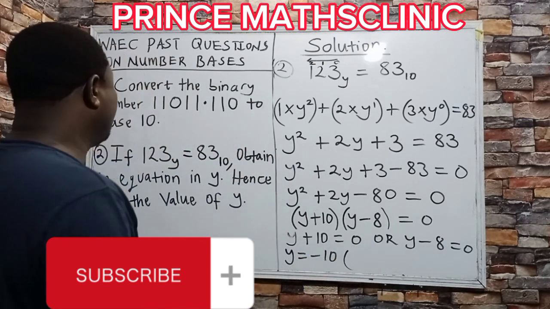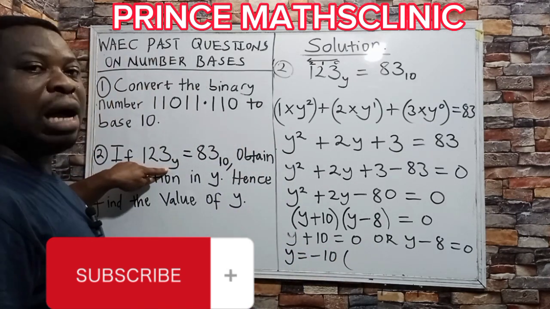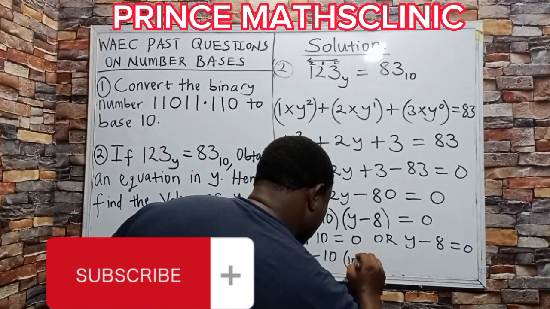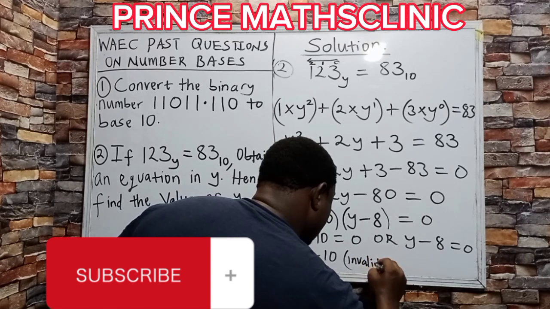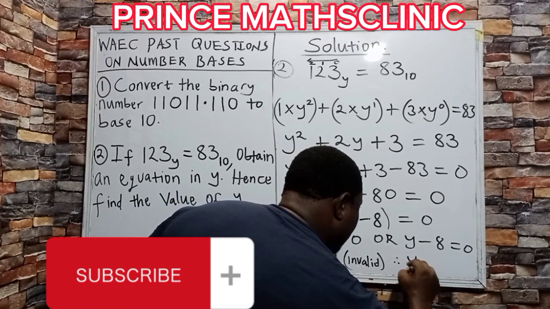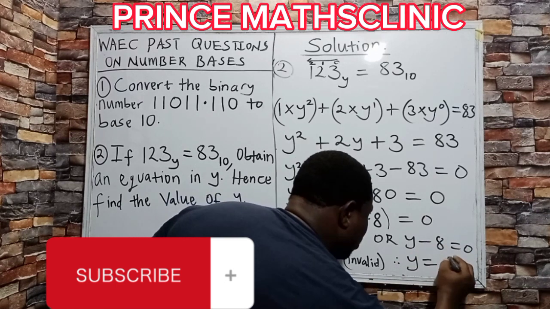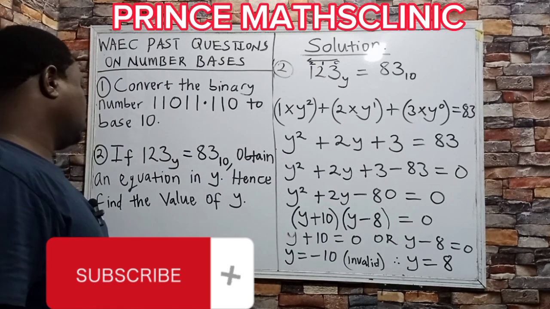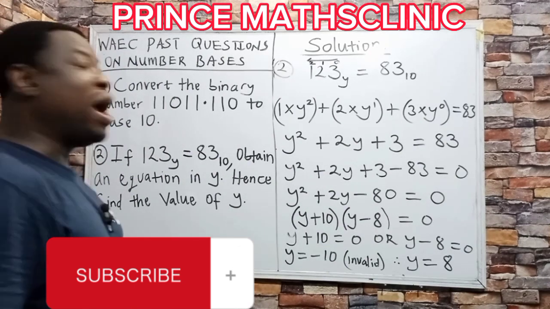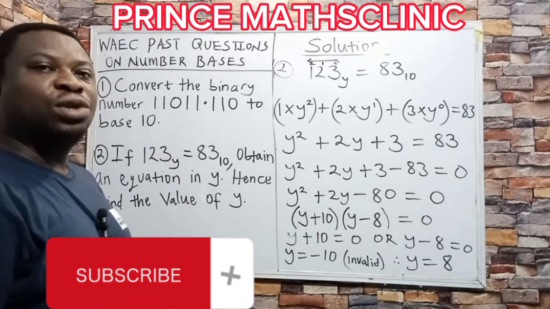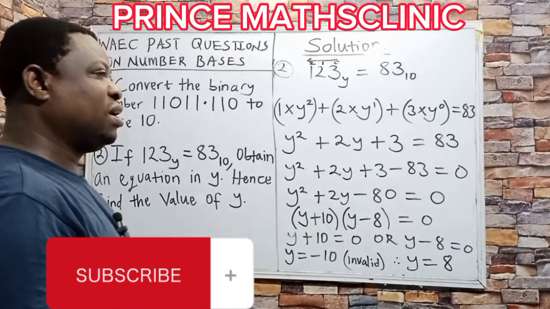Now, I'm going to say negative 10 is invalid because our base cannot be negative. Therefore, y equal to what? 8. Right? So the real value for y is 8 because our base can only be positive.